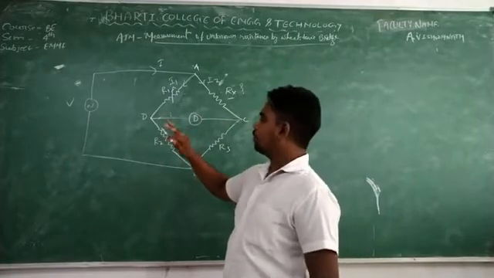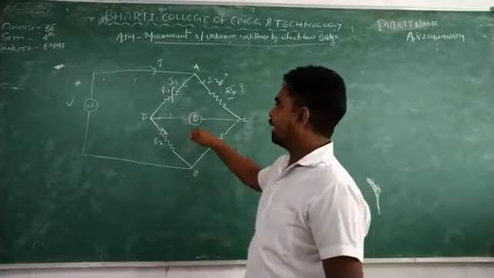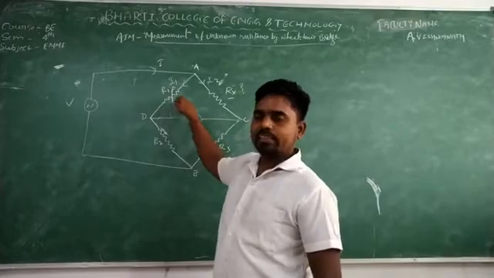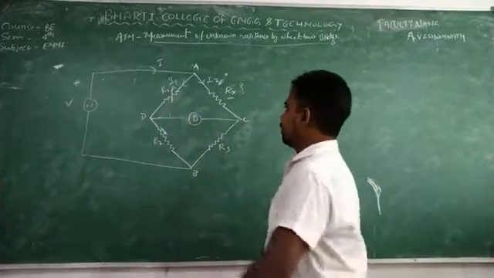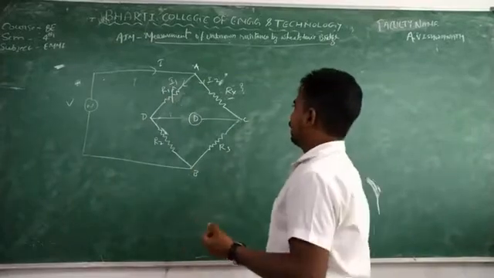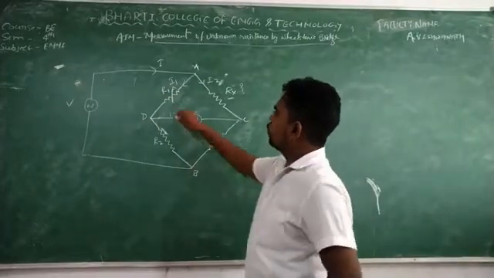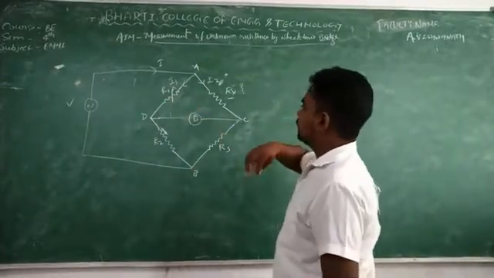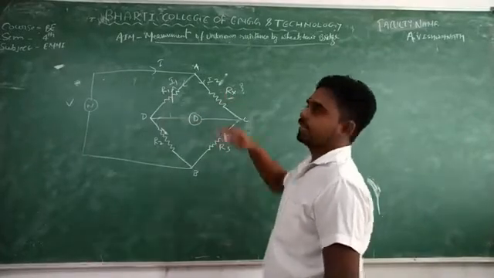Because of that, there will be no current from the detector, and by knowing the value of R1 with the help of the potentiometer, we can calculate this Rx.